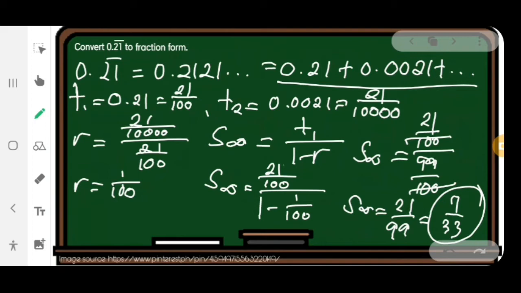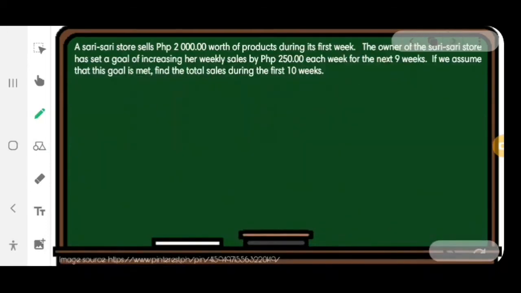Now let us proceed to another example. As you can see, I like giving shortcuts to my students because it will make their life in mathematics easier. The next problem is: a sari-sari store sells 2,000 pesos worth of products during its first week.